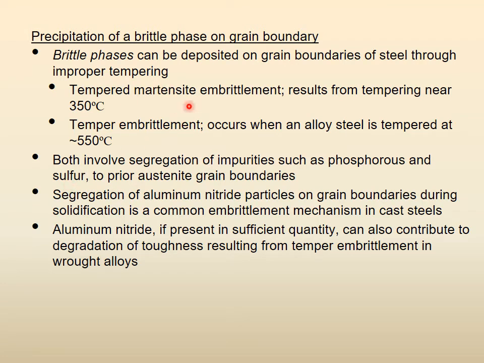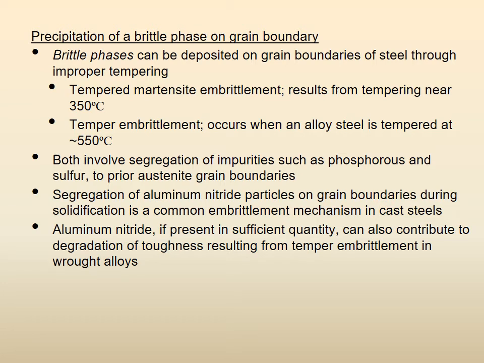But during these operations, some impurities like phosphorus and sulfur segregate, they come out of the solid solution and go near the austenite grain boundary. Now segregation of aluminum nitride particles on grain boundaries during solidification is a common embrittlement mechanism in cast steels.